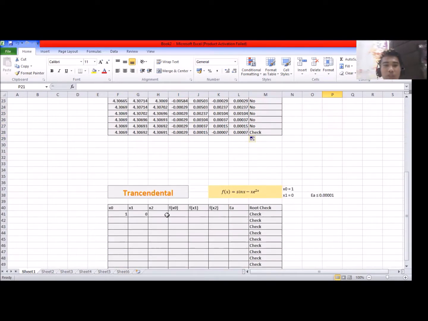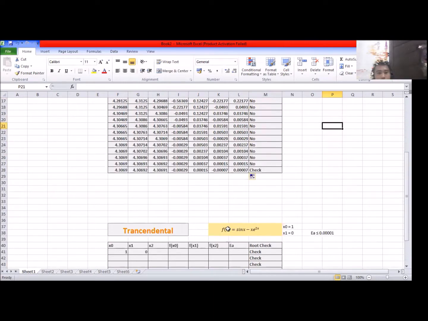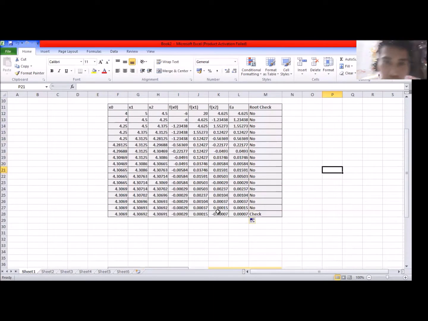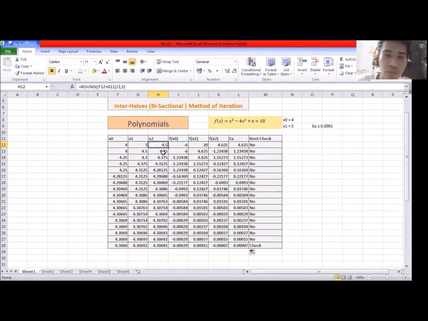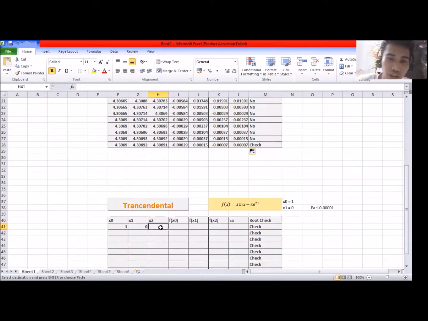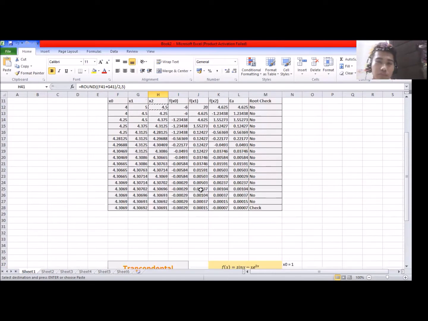Then let's move on to the percentage value. So like x of 2, or in polynomials, we need to get the functions here.